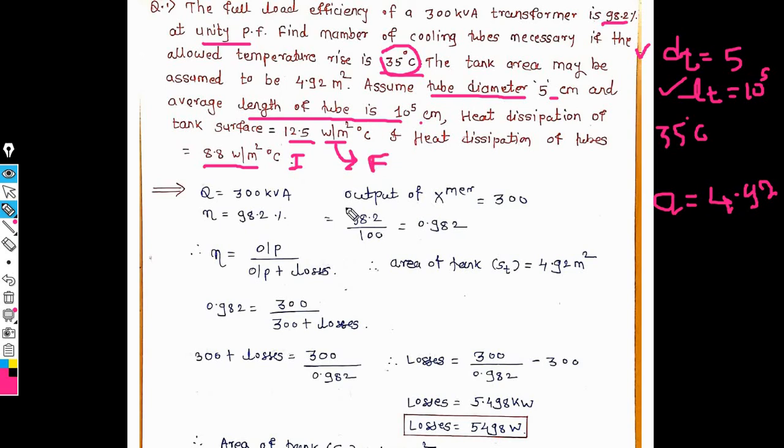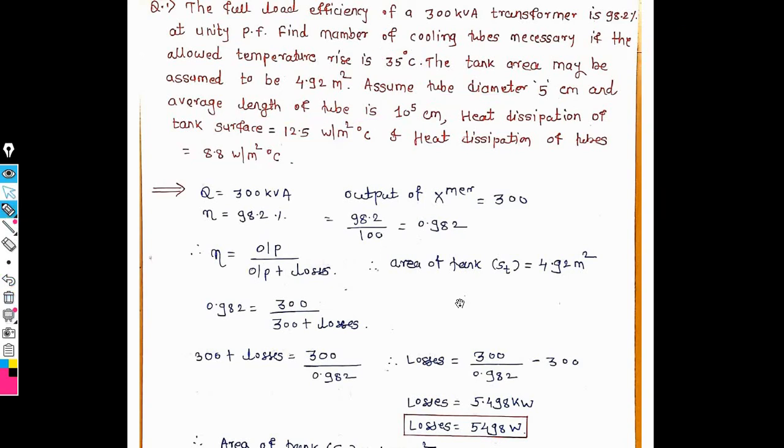Now this is the concept of heat dissipating. Initial surface is 8.8 watt per meter square degree Celsius and final heat dissipating is 12.5 watt per meter square degree Celsius. Now we have to calculate the area of the tank.